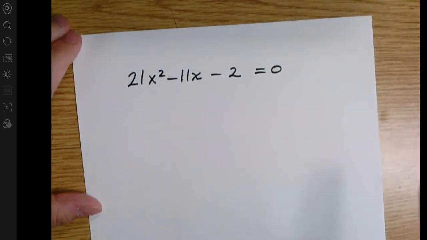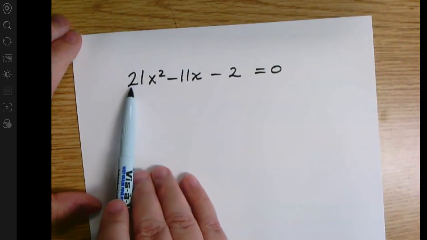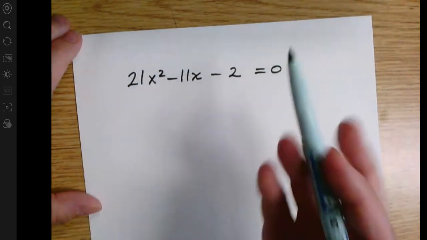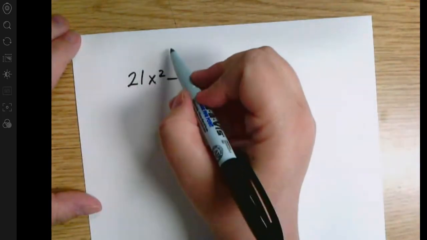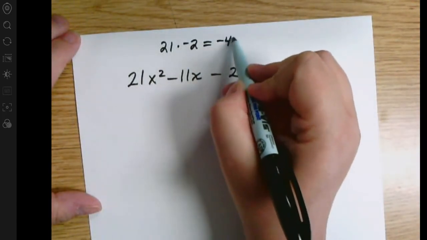So then my next question is, is my leading coefficient 1 or not? It's not. This is when I need to go ahead and take my 3 terms and turn them into 4 for grouping. All right, so the first step there, remember, is multiply 21 times -2. That's A times C. 21 times -2 gives me -42.